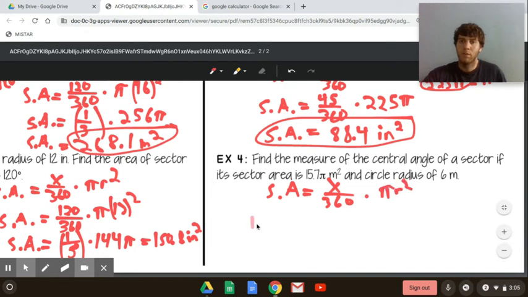So we're going to put in 15.7 pi equals our central angle divided by 360 times pi r squared, so pi times 6 squared. And then from there, you simply need to find the value of x, which is the measure of the central angle.